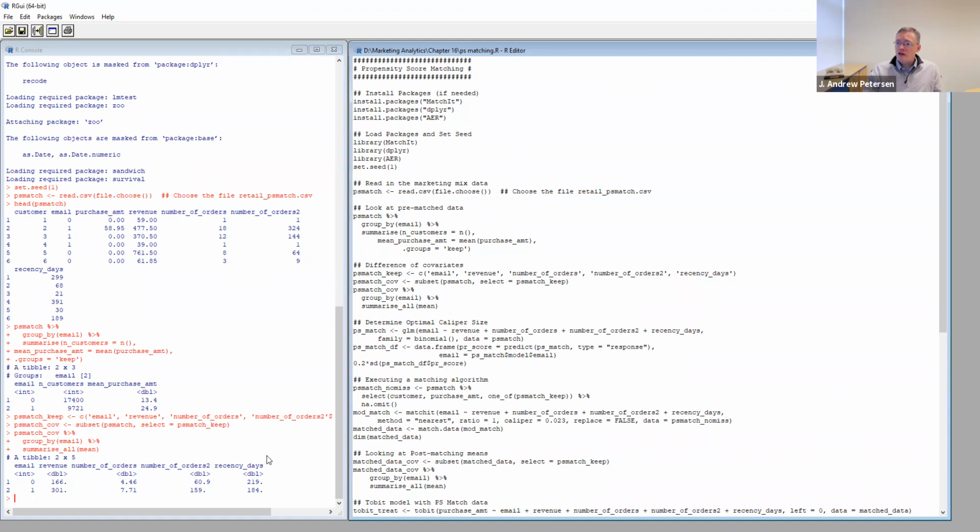So what we're going to do is actually try and find matches. We're going to try and find people in the email group who look like people in the no email group. And matching is done using logistic regression, which we've talked about in one of our other chapters, where it'll look at the probability of a given customer being assigned to the groups based on their past purchase data.